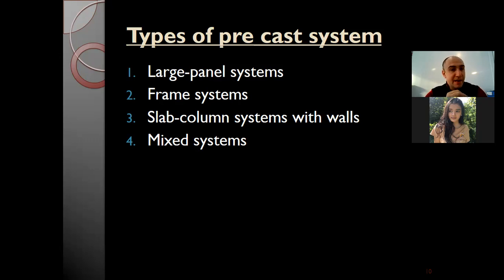So various connections have been developed to connect different types of structural elements, like beam to beam connection, beam to column connection, column to column connection, panel to panel connection, and so on.